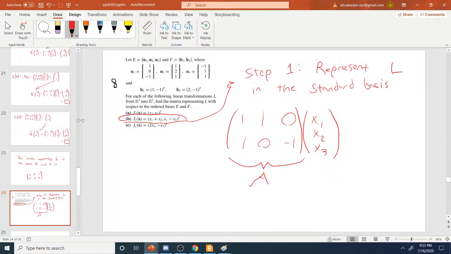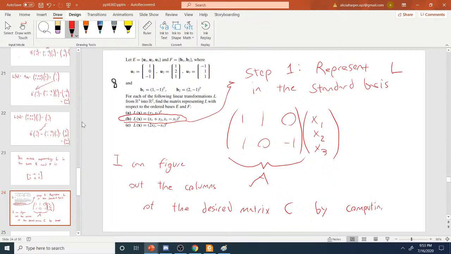Now I'm going to use the same facts that I used last time, namely that I can figure out the columns of the desired matrix C by computing L of Ui and then multiplying through by B inverse.